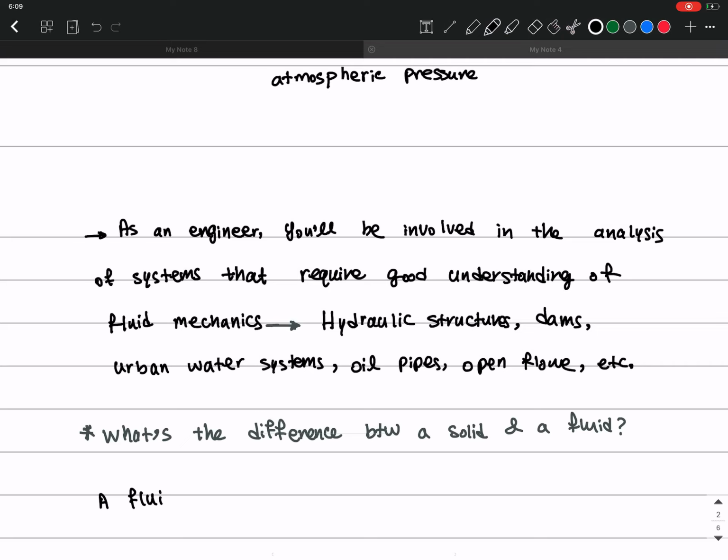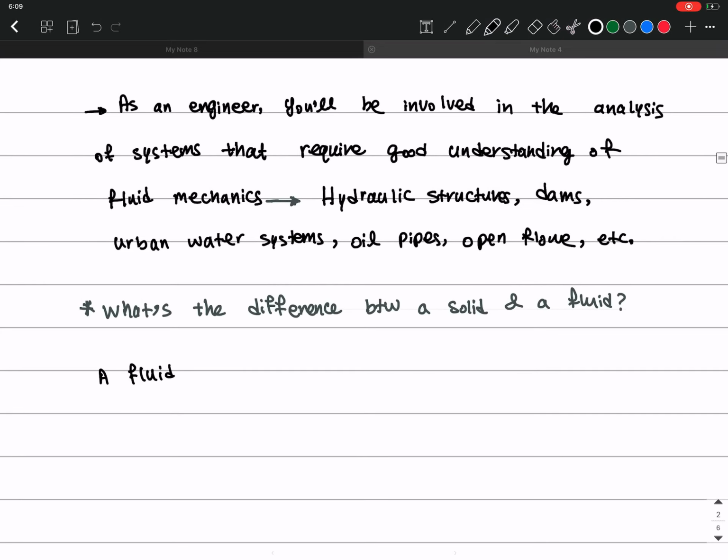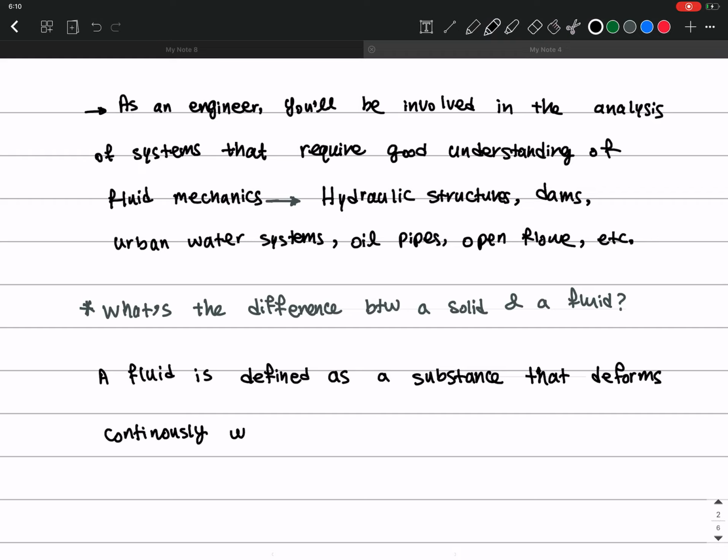A fluid is defined as a substance that deforms continuously when acted on by a shearing stress.